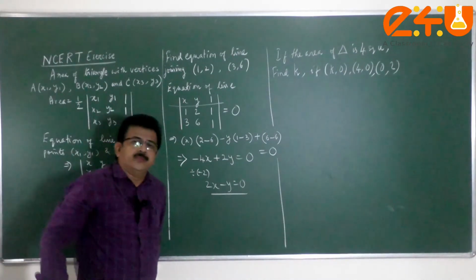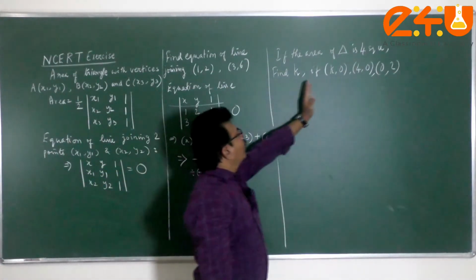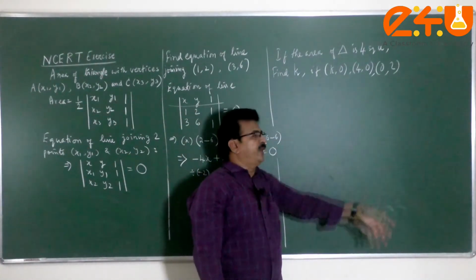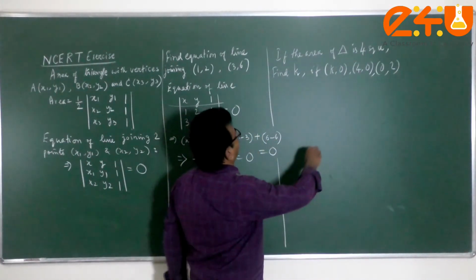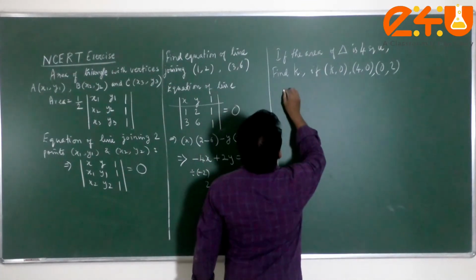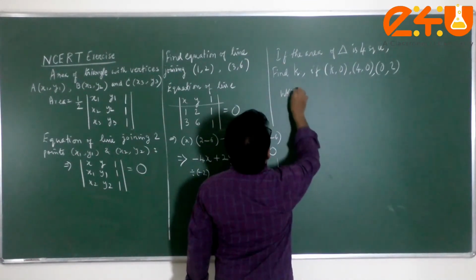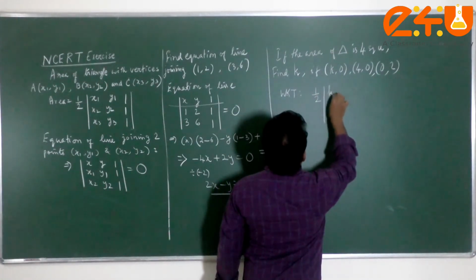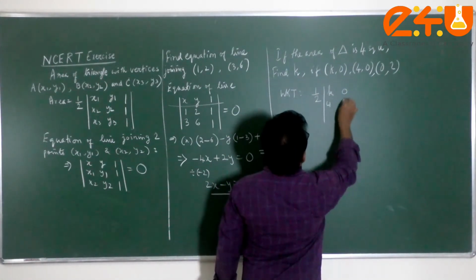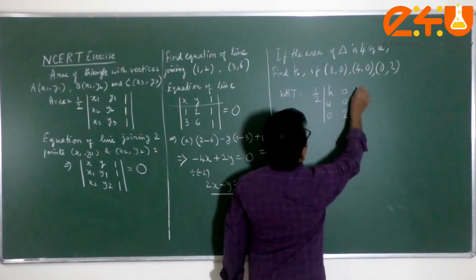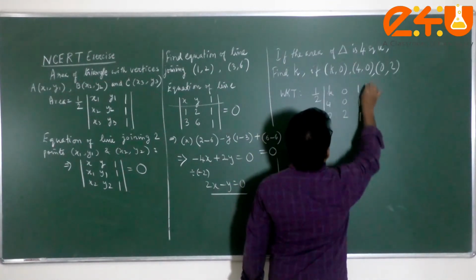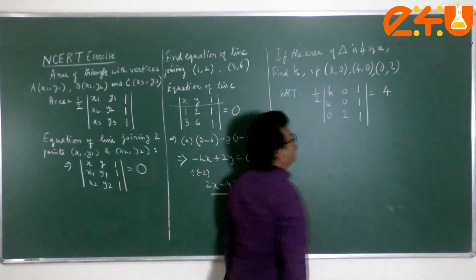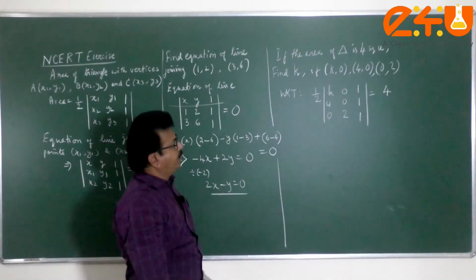Area is given. One of the coordinates is missing, given as K. You need to find the suitable value of K. So we know the formula for area: half of the determinant of x1, y1, x2, y2, x3, y3, third column all 1, and the area is already known, 4.